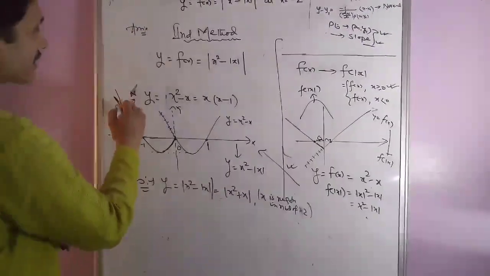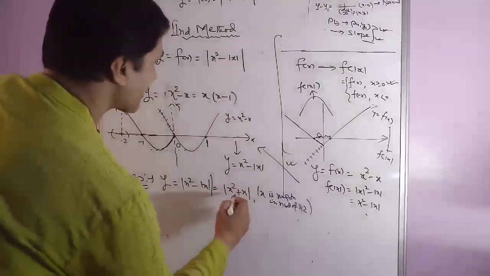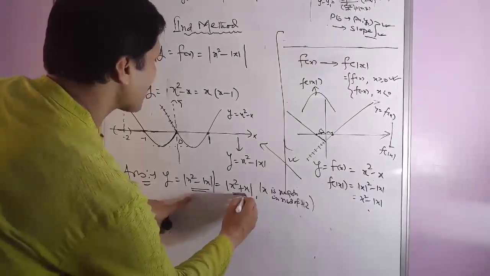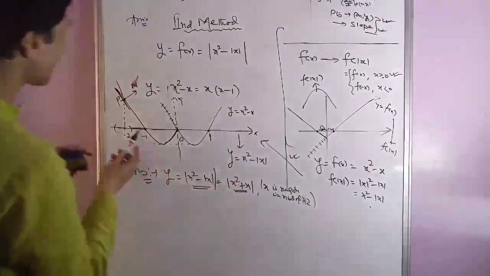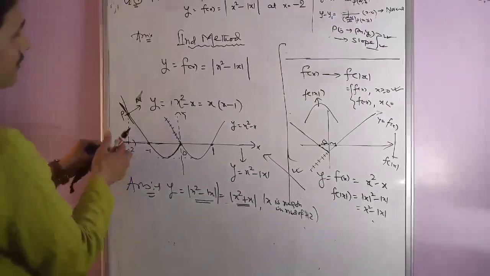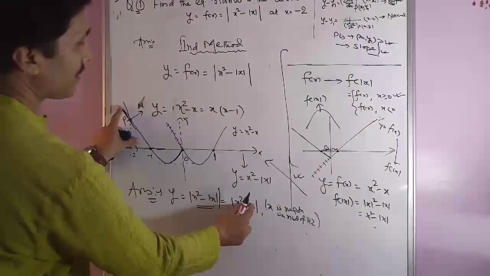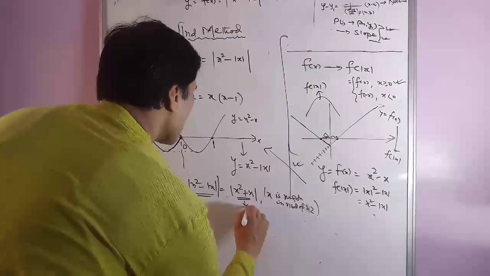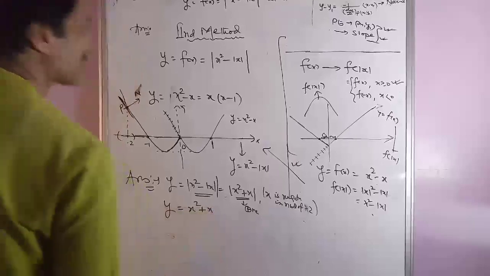Clearly this is the graph of x square minus mod x, that is x square plus x. For x equal to minus 2, the value is above the x axis, so x square plus x is positive here, so y equal to x square plus x.